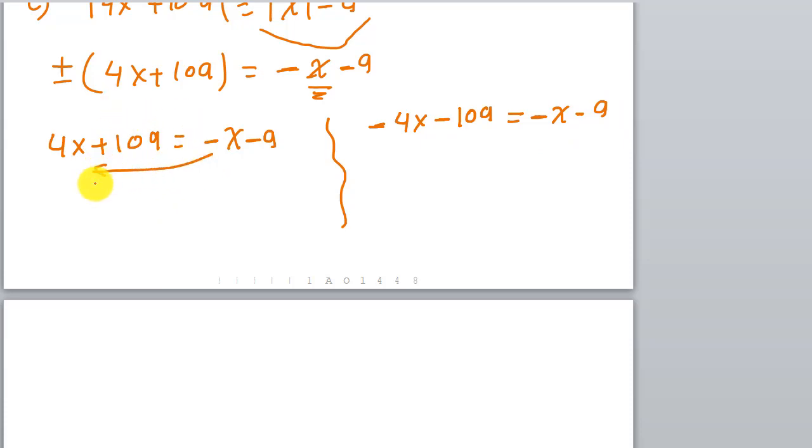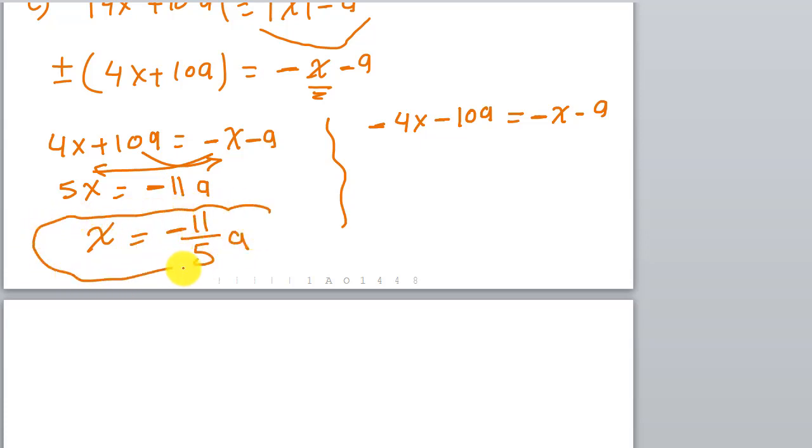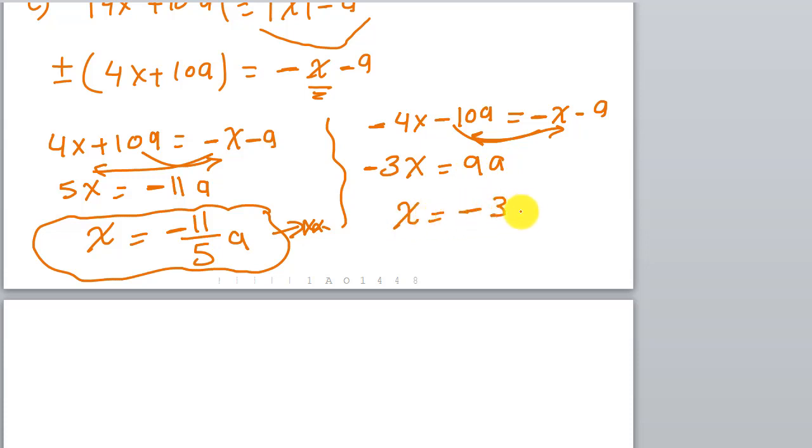From here, this x comes here, so 5x equal to, and this one comes here, negative 11a. So x is equal to minus 11 over 5 a, and this is the first value of x. Now from here, this x comes to this side, so minus 3x equal to 9a. So x is equal to minus 3a. And this is the value of x.